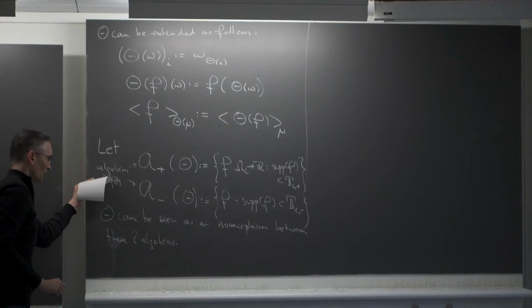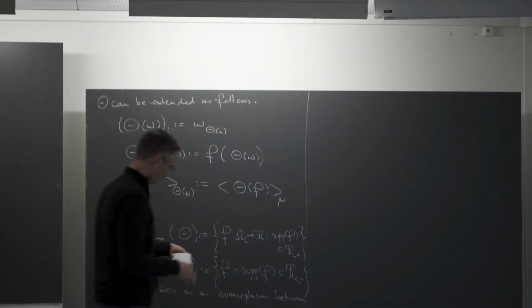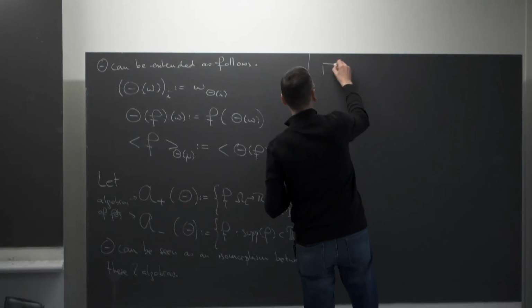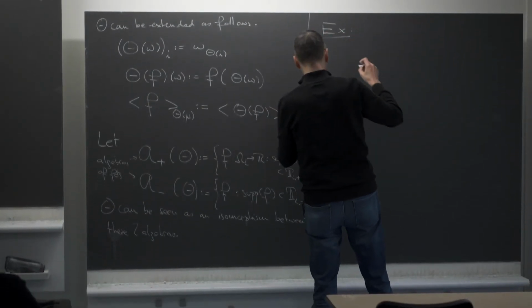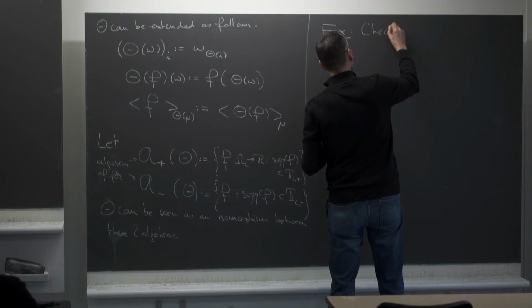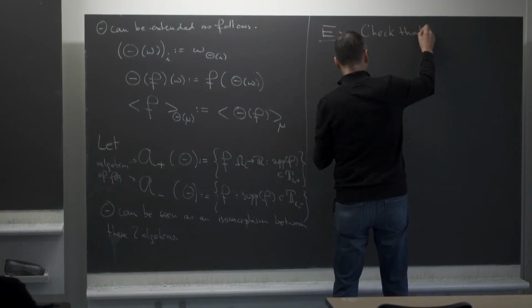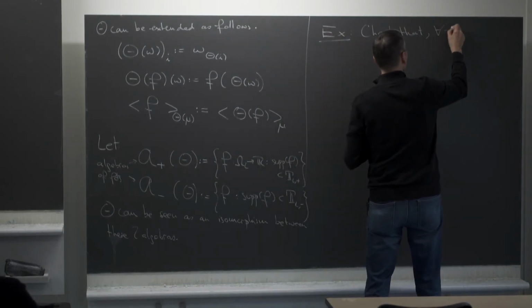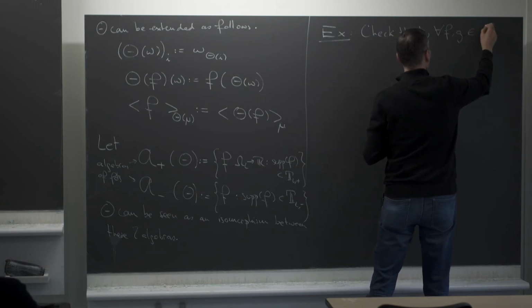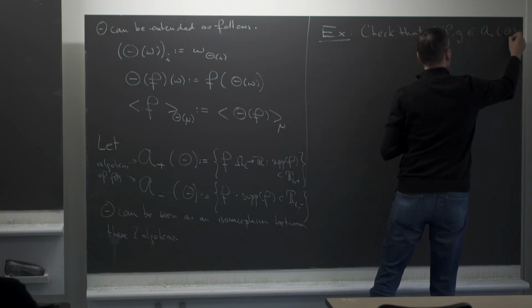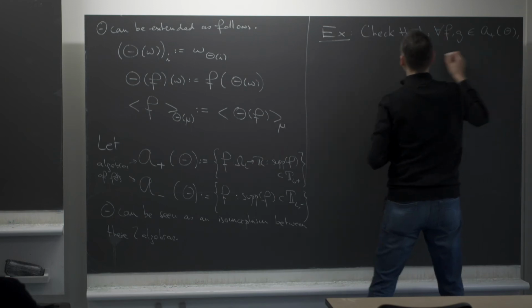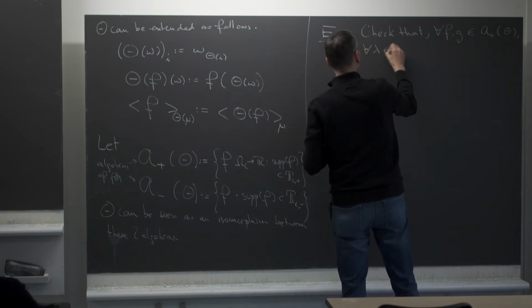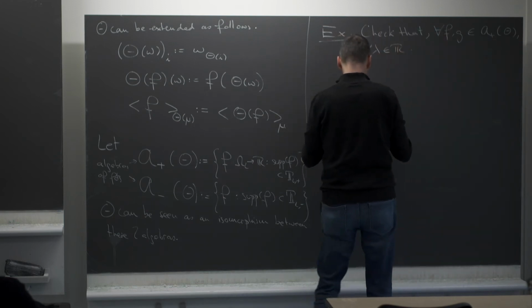And I will state it in a more precise way as an exercise, an elementary exercise. So check that for any functions f, g which are defined in A plus of theta, and for any real number lambda, the following is true.